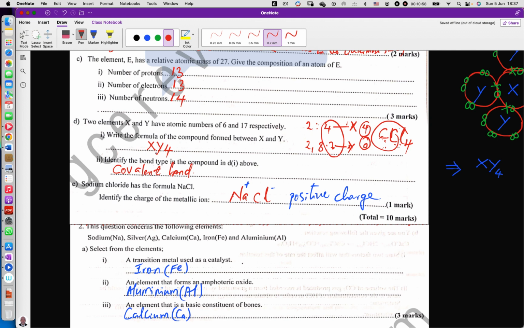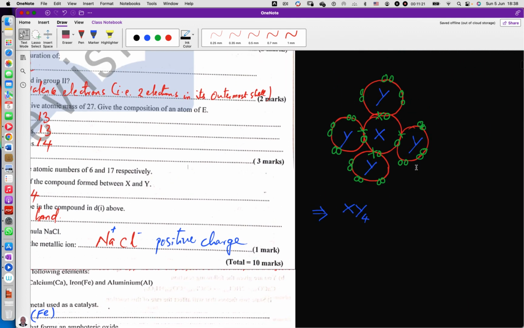So the formula of this will be XY4, because it will undergo what we call covalent bonding. This is X, and this is Y. Y has 7 valence electrons, X has 4 valence electrons, so it cannot undergo ionic bonding.